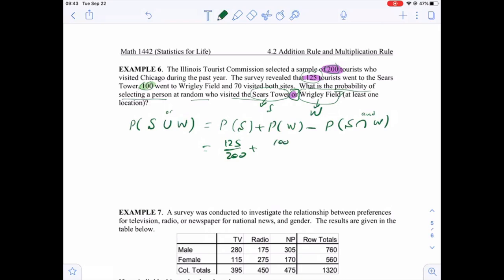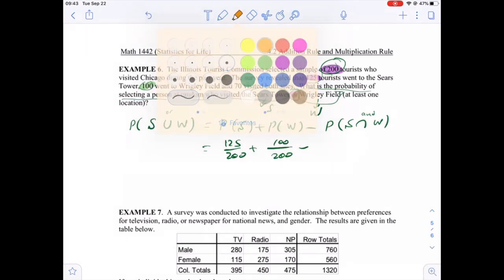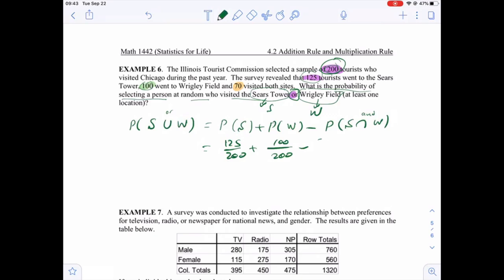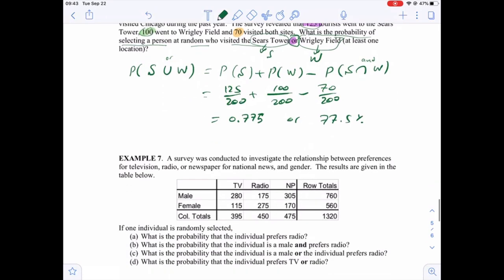We have 100 out of 200, the total people, minus both. How many people visited both? We have 70 visited both out of 200. So we should find the probabilities here, and then using calculator we get 0.775 or 77.5% of the people who visited the Sears Tower or Wrigley Field.